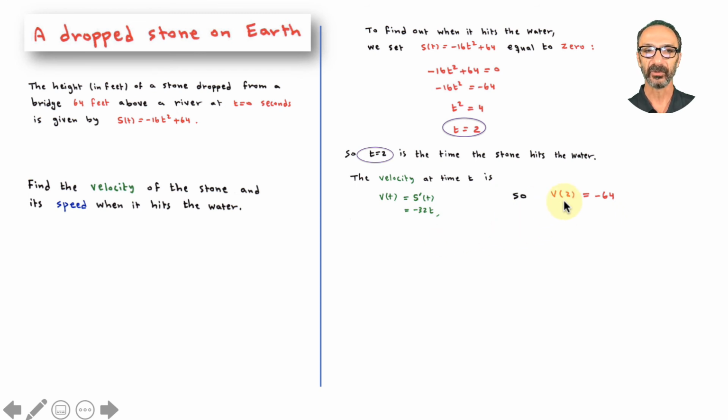So v of 2, the velocity at t equals 2, when the stone hits the water, is negative 64. That is the velocity of the stone when it hits the water. So we're done with the first part. To do the second part, the speed, we just take the absolute value because speed is never negative.